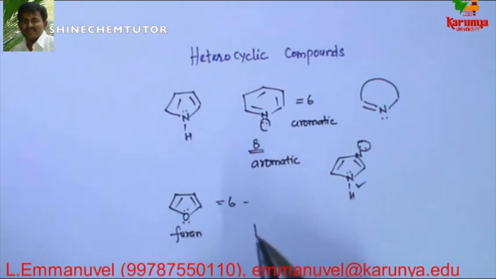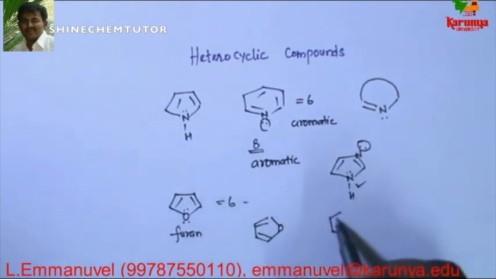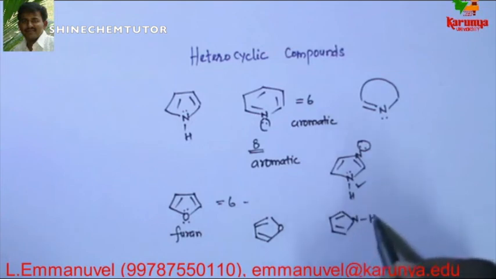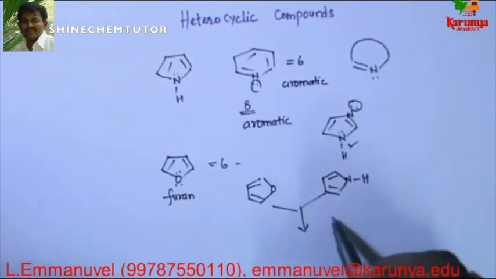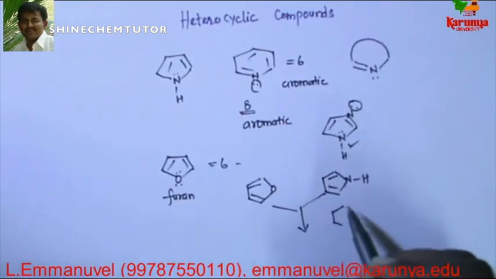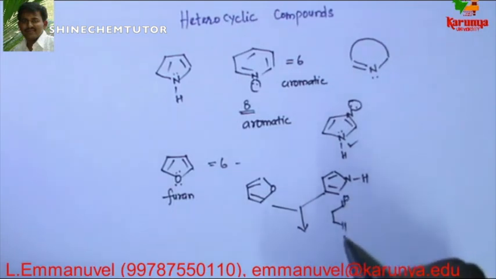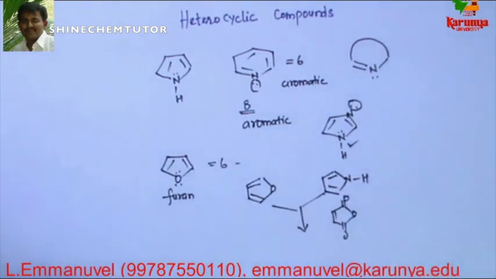Here is an interesting problem: furan and pyrrole. If you treat these with a dienophile, let's go for maleic anhydride, furan will react with this to give the addition product, the Diels-Alder addition product.